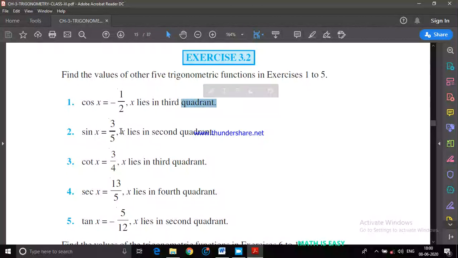Now sin x equals 3 by 5. What are the other trigonometric ratios? X is in the second quadrant. In the second quadrant, sin and cosec are positive, rest all will be negative.